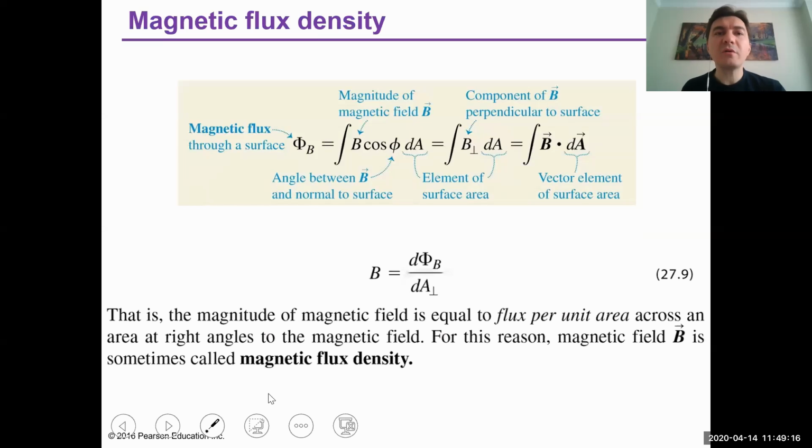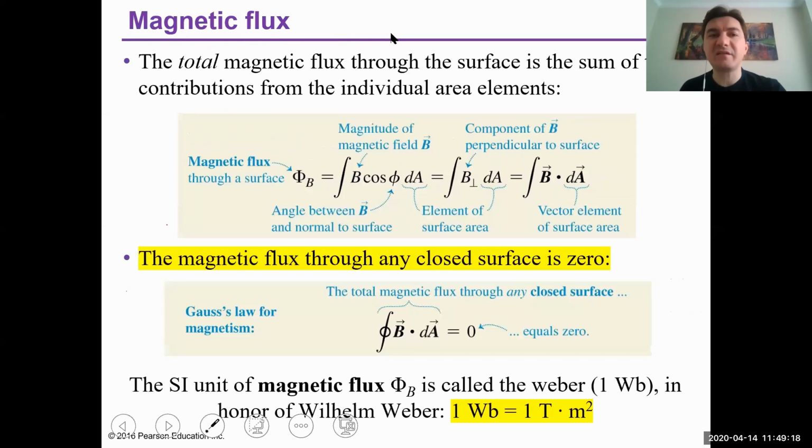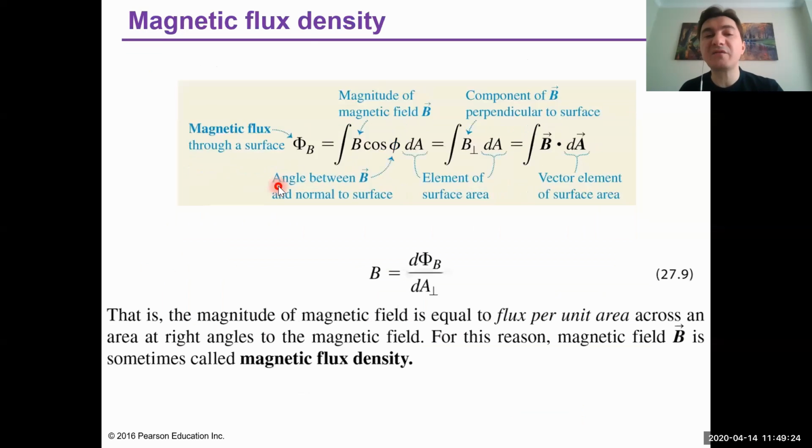Okay, now what about magnetic flux density? Magnetic flux, this is magnetic field, and we have another term, magnetic flux density. The name of this guy, B, is magnetic field, okay? But sometimes it is also called as magnetic flux density.